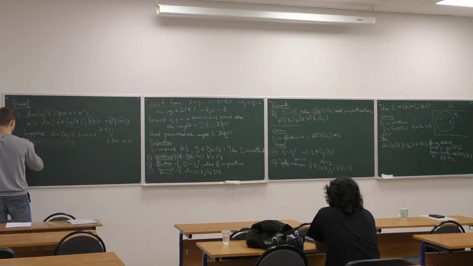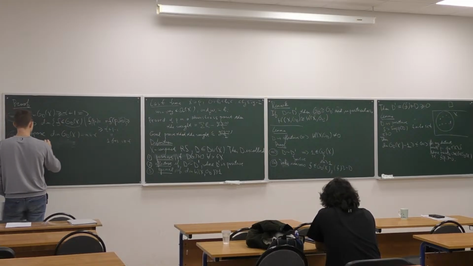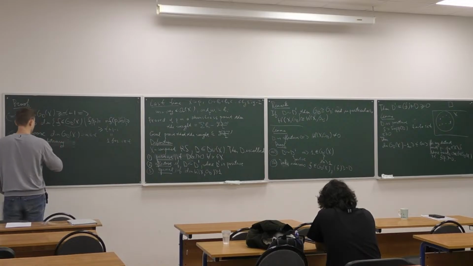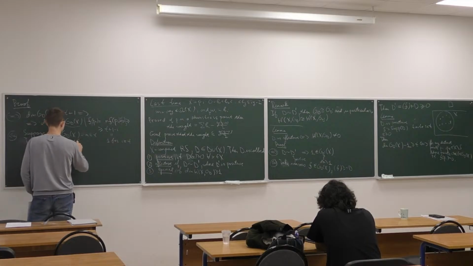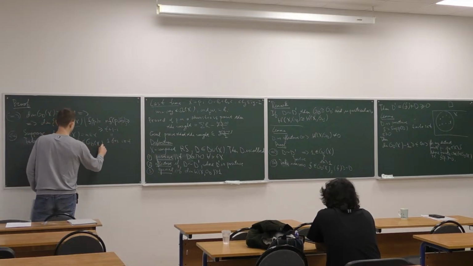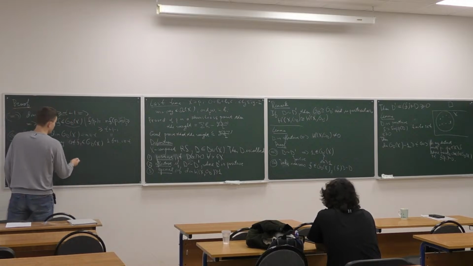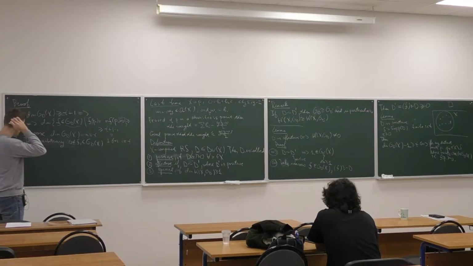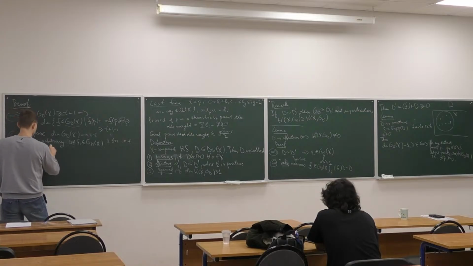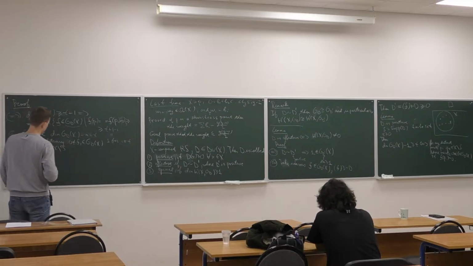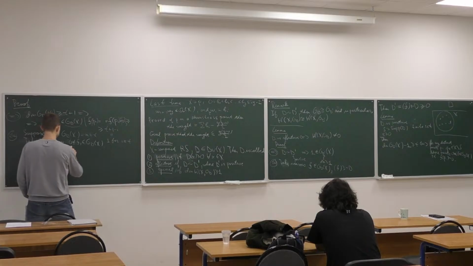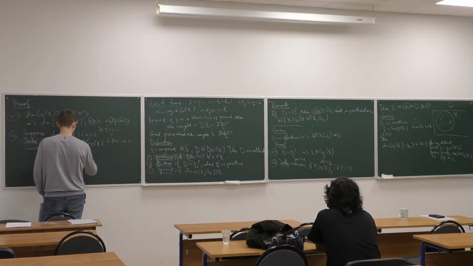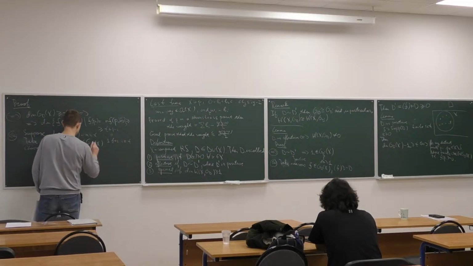You can just say the following. Take an arbitrary non-zero f1. Since it is not zero, there is a point where it is not zero. Then choose p1 in X without this finite set such that f1 of p1 is non-zero.